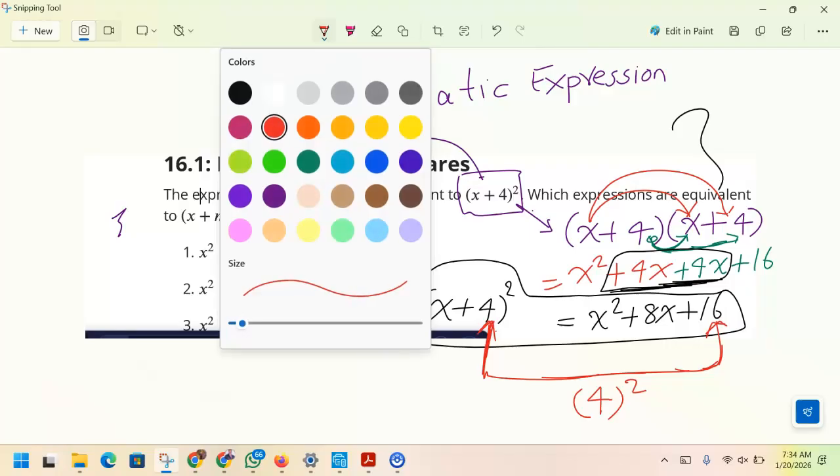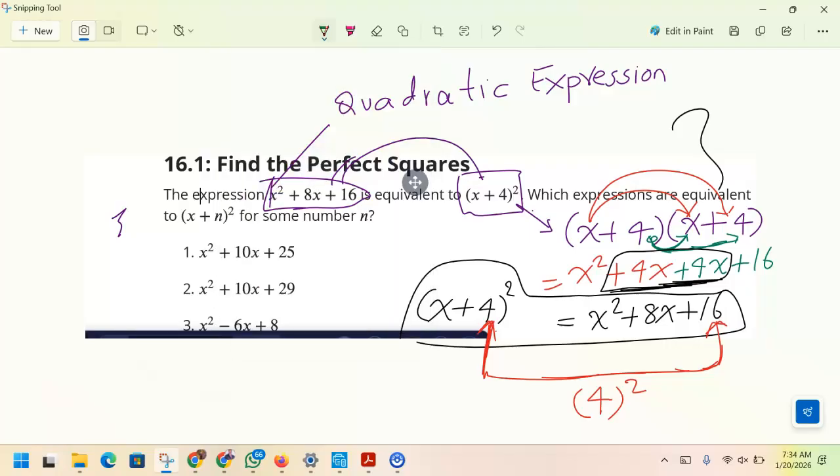There is also a relation between this 4 and this 8. You can see it is just a double. What you do is multiply 2 times the 4. So whatever that 4 is, you double it, and here you square it.